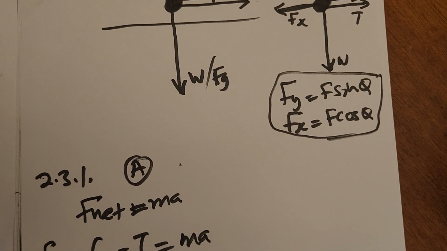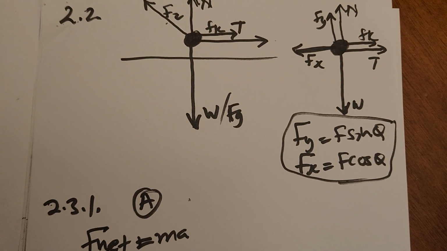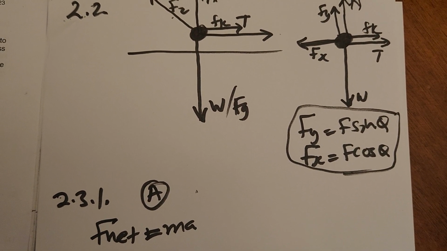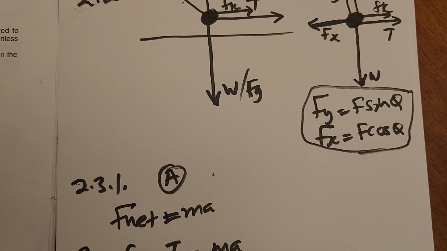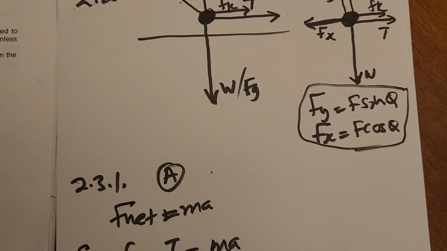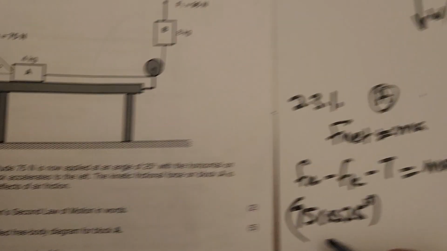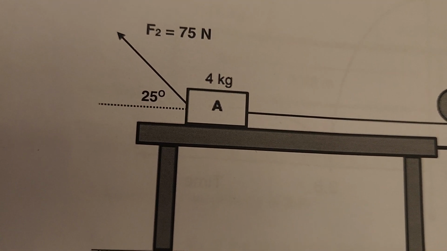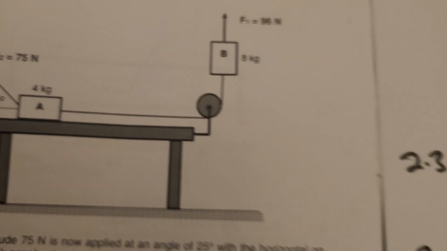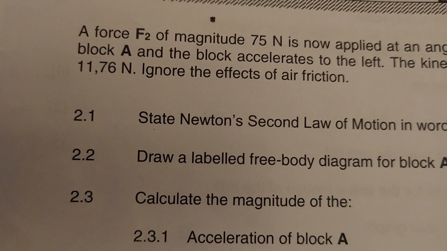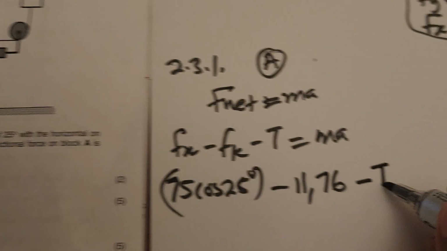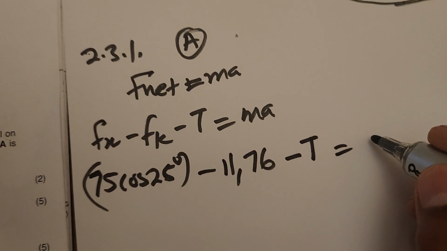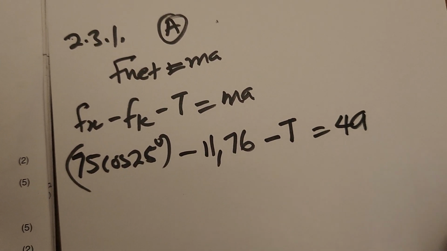In this case, we can substitute Fx, remember, is F cos theta, therefore it will be 75 cosine of 25 degrees. So you can see here that the angle is 25, the force is 75, and then minus friction is given. They told us that friction is 11.76, minus tension we don't know, equals the mass of the object, which is 4, therefore 4a.